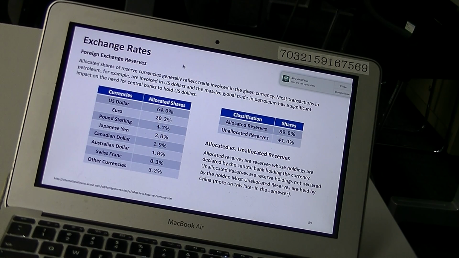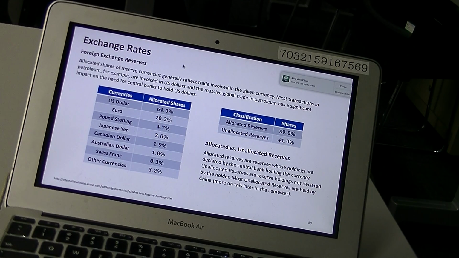All those were former colonies, and so many of them have an important relationship, and so trade between those countries and Britain may still be in pound sterling. So for trade between those countries, the British pound may still have an important impact. So central banks can hold British pounds.